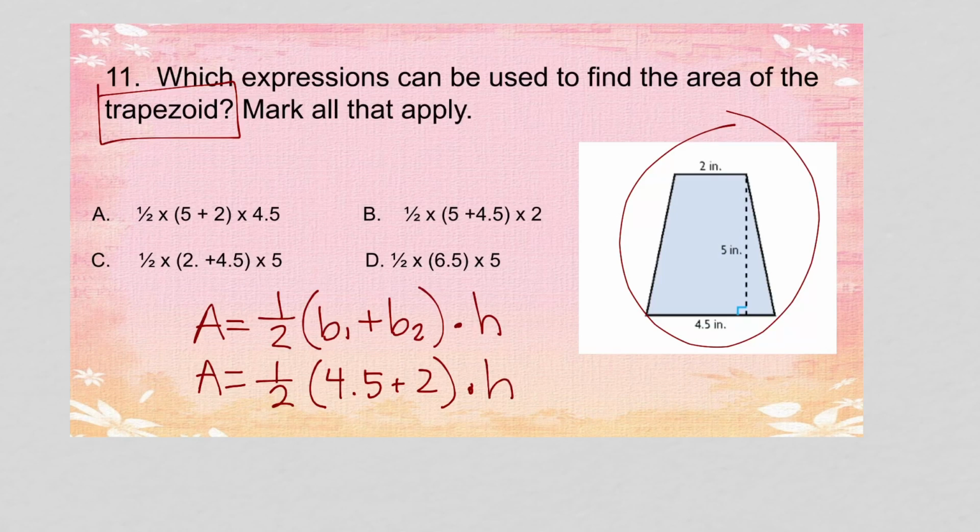So then I can look and see which one of these is that, right? So 1/2, 4.5 plus 2, or 2 plus 4.5. So I know that one looks like this one. All right? Now, if I added these two together, I could get what? 6.